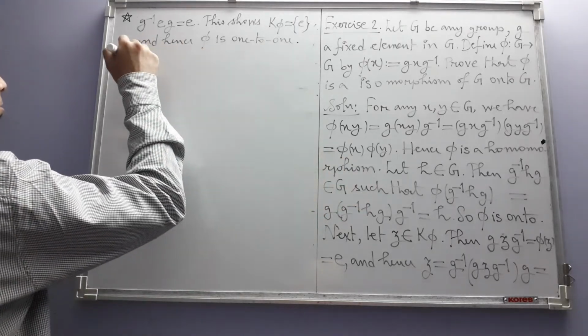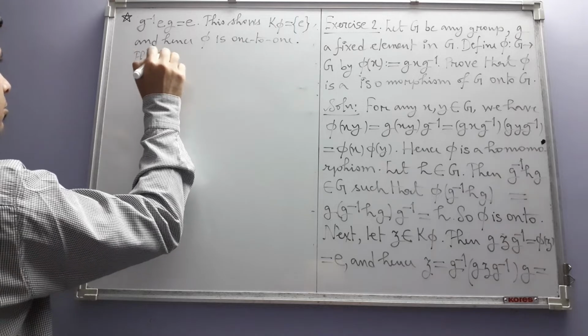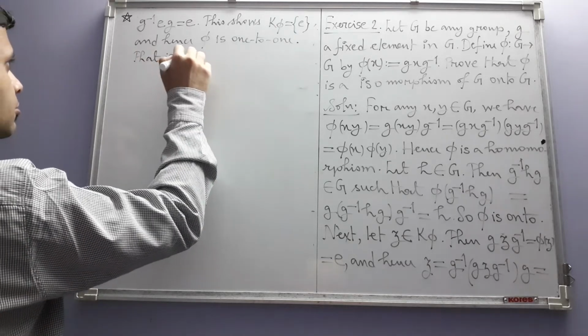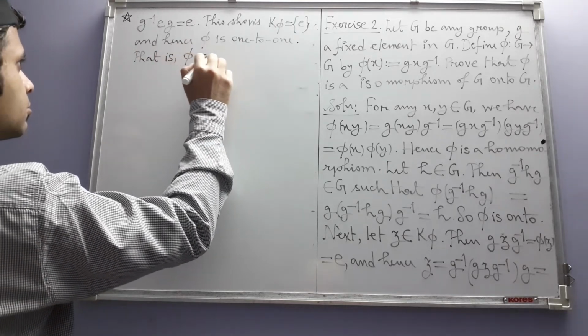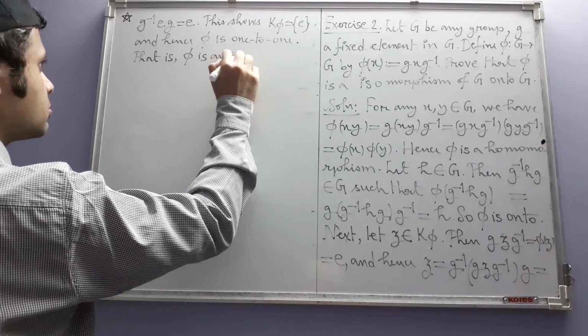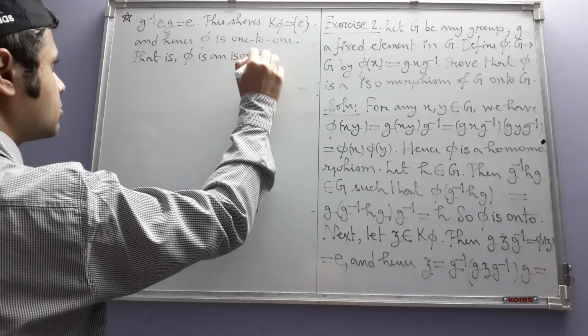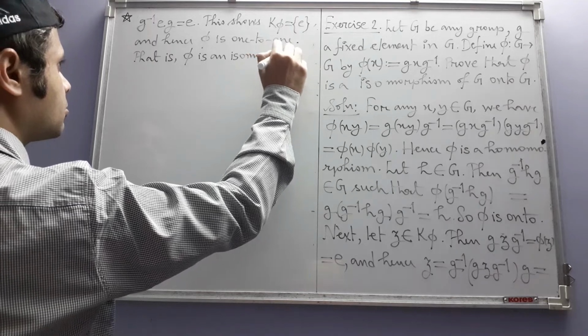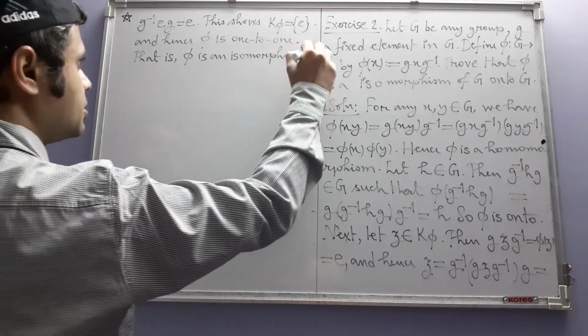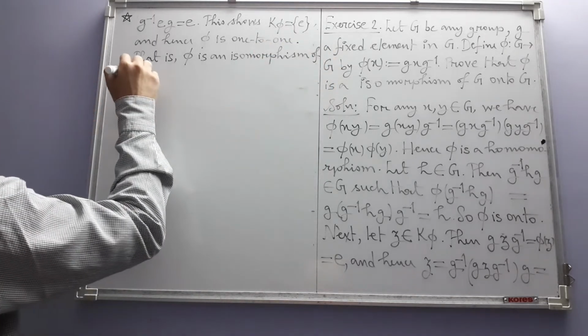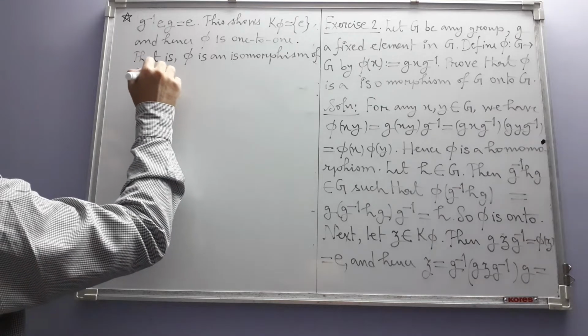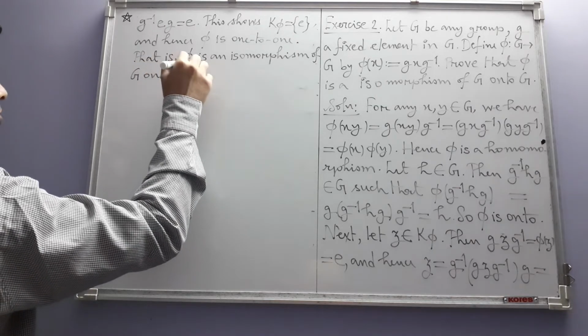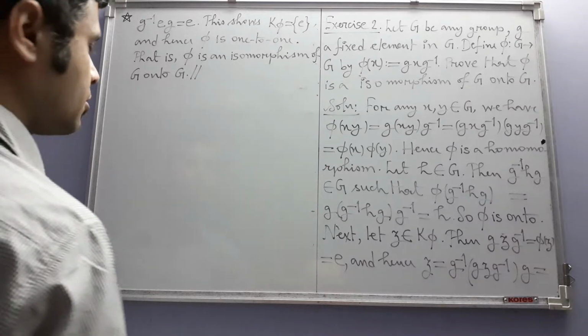That is, phi is an isomorphism of G onto G. So this completes the solution.